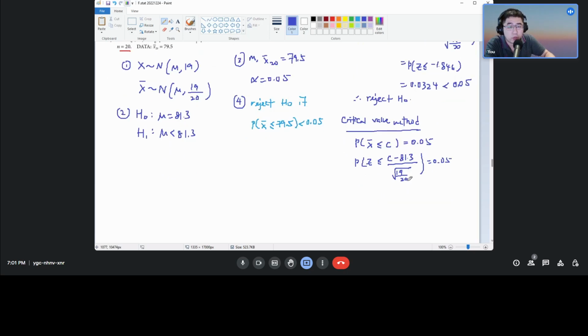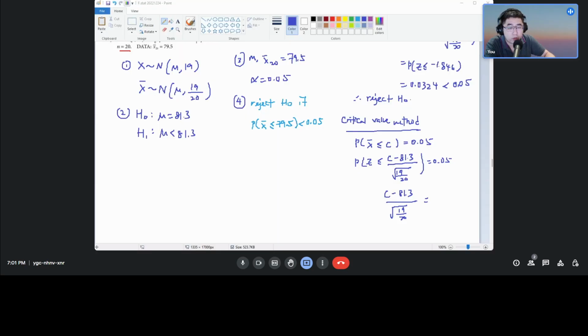Refer back to your table. Let's see what value we get. We have negative 1.645 over here. The critical value is negative 1.645 times square root of 19 over 20, plus 81.3.